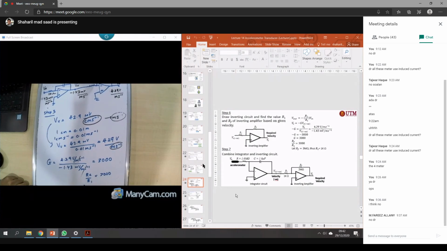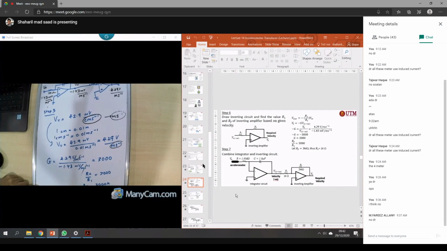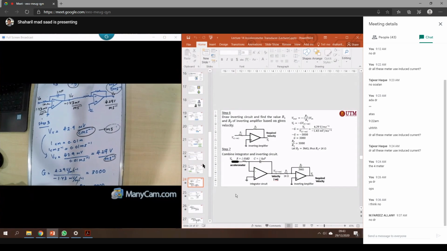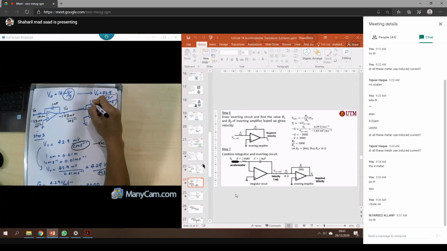Then you can choose, for example, your RF value. Let me choose 3000K for RF and R1 is 1K. Okay, so this value 3000K here, this one is 1K, 3000K or 3 megaohm and 1 kiloohm.